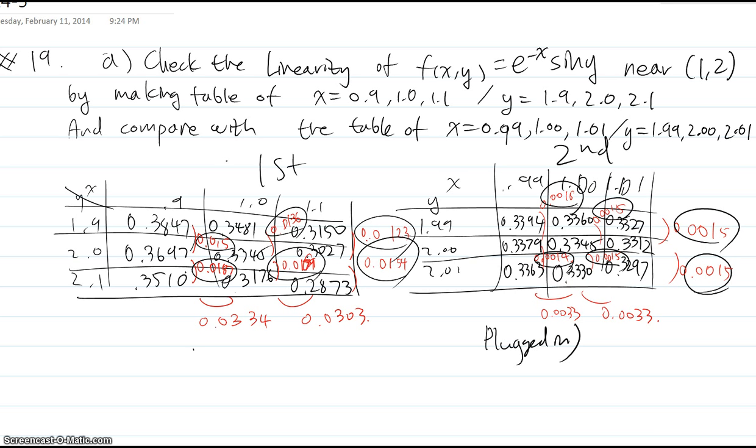Compared to the left one, it's like 30 times less variation. That's what slope means.